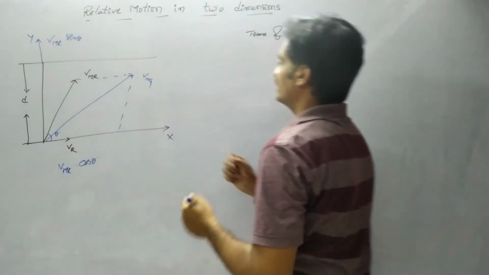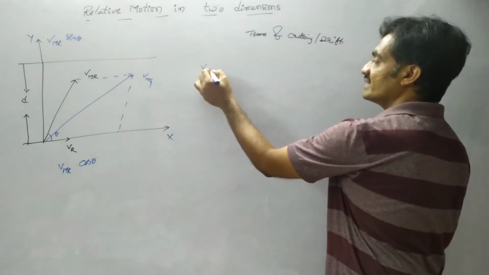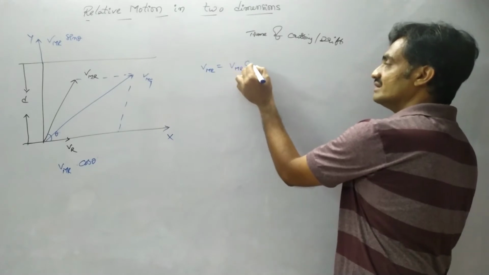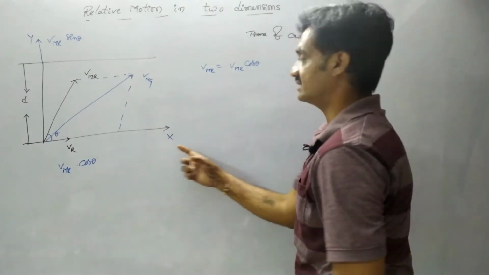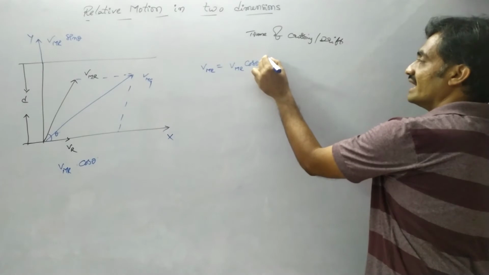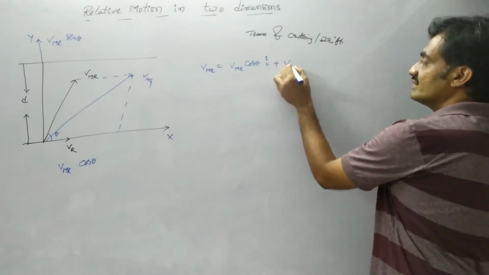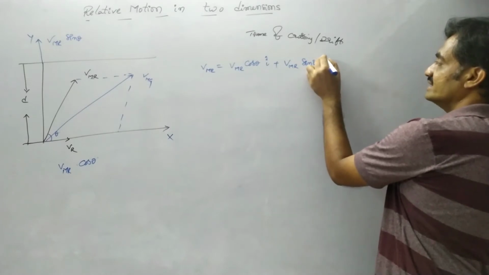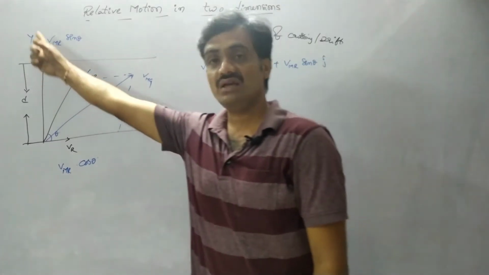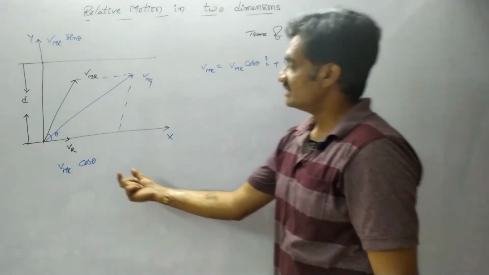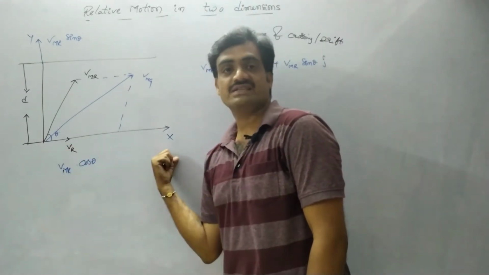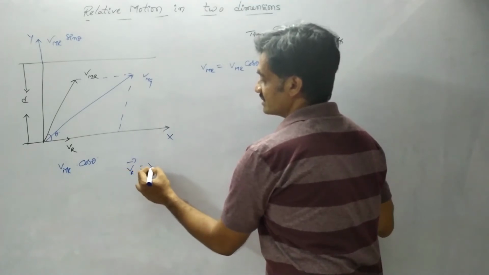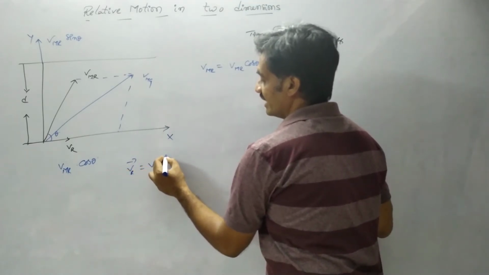So velocity of the man with respect to river equals v suffix mr cos theta along the x-axis, which we represent as i cap, plus v suffix mr sin theta, which we represent as j cap, because it is along the y-axis. Whereas the velocity of the river is along the x-axis, so we represent it as v suffix r into i cap.